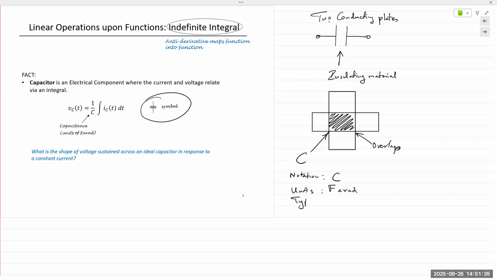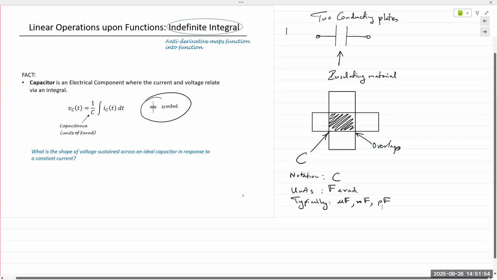Typically capacitors are in micro, nano, picofarads and smaller. Typically they are micro and nanofarads.